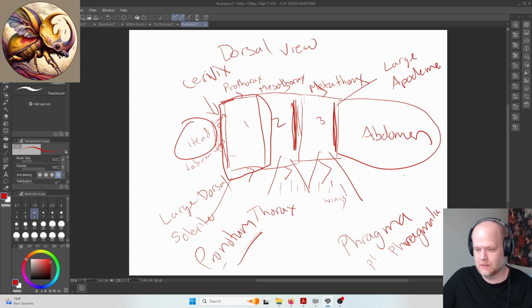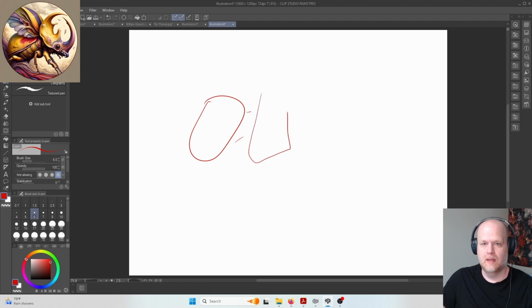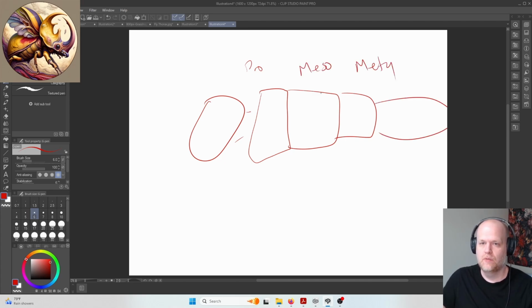I believe that that's all the terminology that I want to talk about today. I think I'll redraw this so you can see it again from a side view. So we have the head, a thin neck, and then the three segments. So this is pro, meso, and meta, and then the abdomen. The wings will be coming off of these segments, so this is a lateral view.